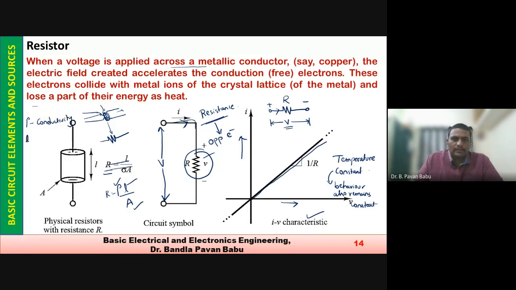Based upon these three conditions only, the resistance depends, that is, how much it opposes. Those are the fundamental things. Of course, in the detailed class, I am going to give some more important concepts of this resistor.